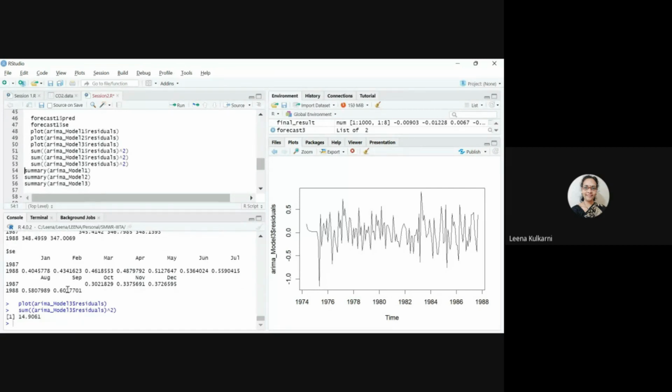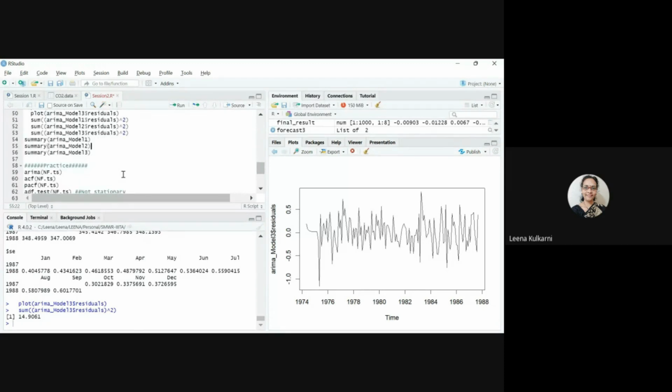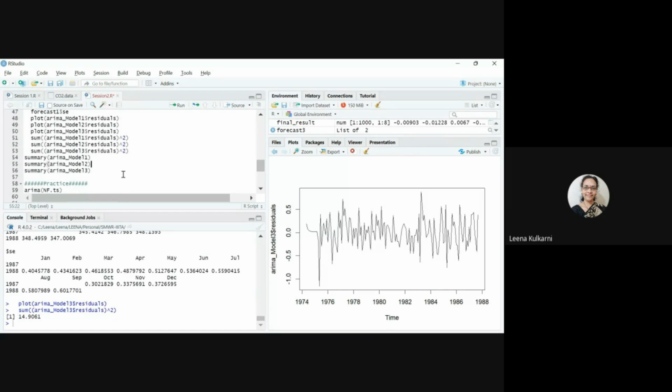If you want, you can talk about the residual sum of squares also, for different models.